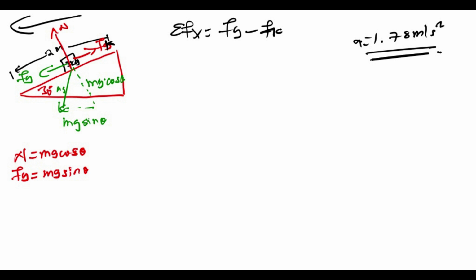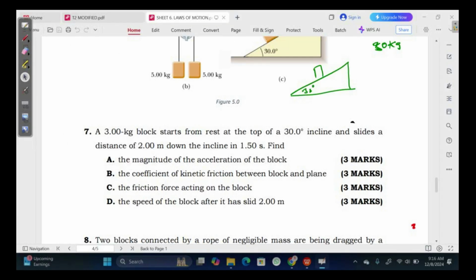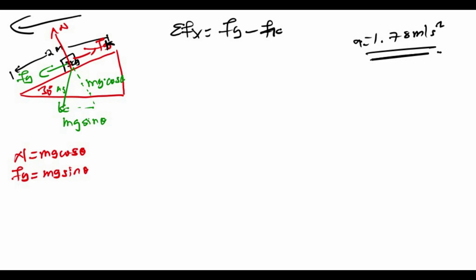We can find mu, then come back and find the friction force. But it's going to be much easier for us to jump and find the friction force first, and after finding the friction force, then we come and find the coefficient of friction. If we want to find the coefficient of friction first, it's going to take time actually.